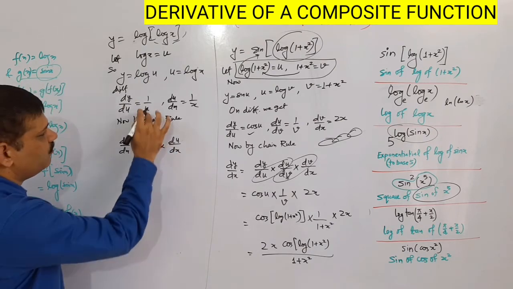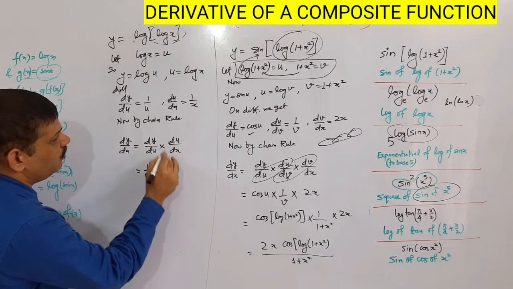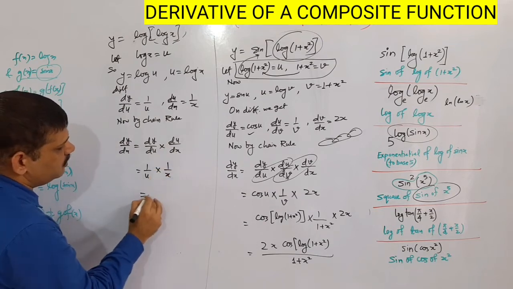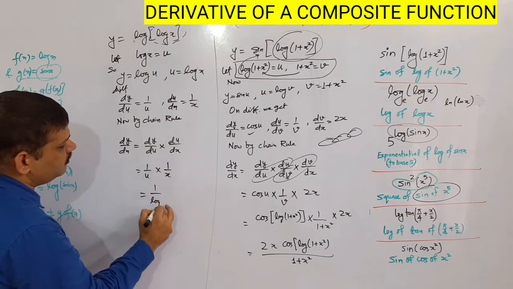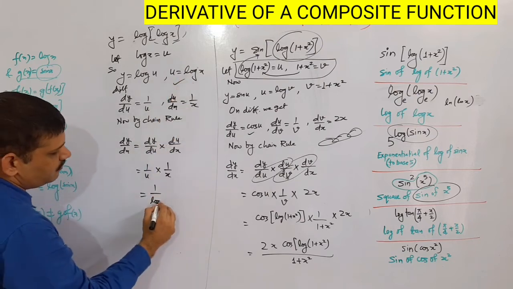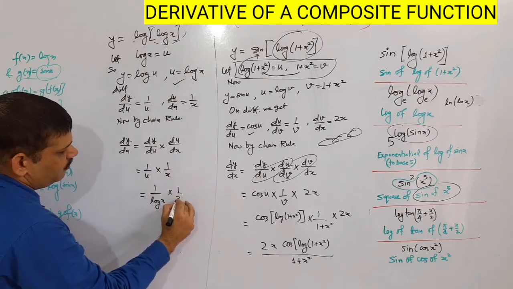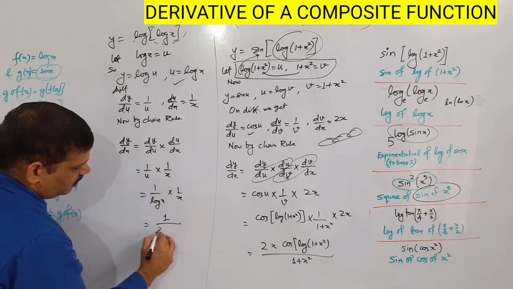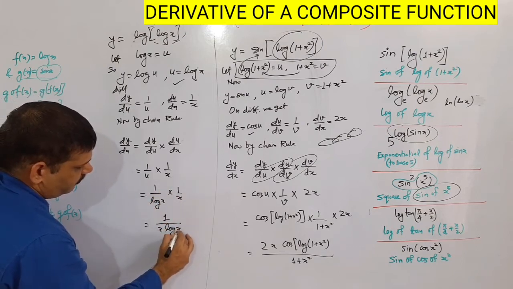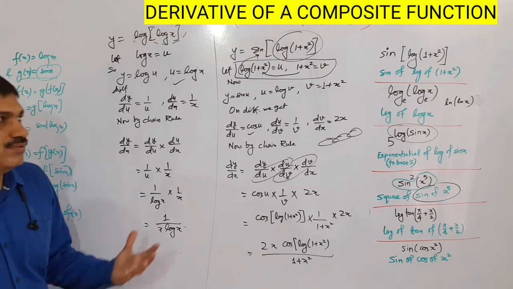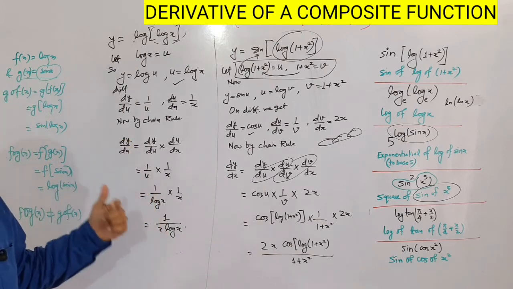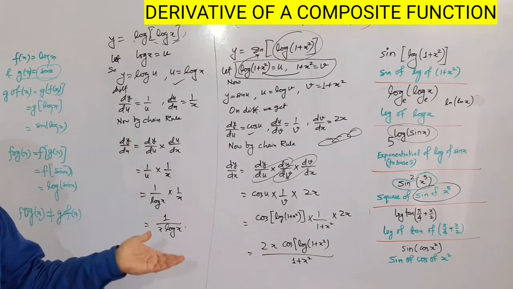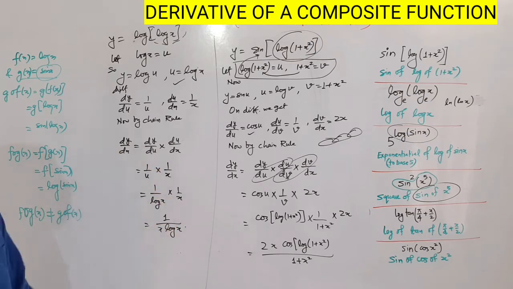So this is simply 1 upon u into 1 upon x, that is 1 upon u. u actually is log x into 1 upon x. So in the numerator 1 into 1 is 1, x into log x is x times of log x. So this is how we derive a composite function by chain rule.